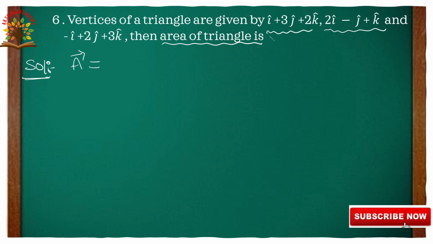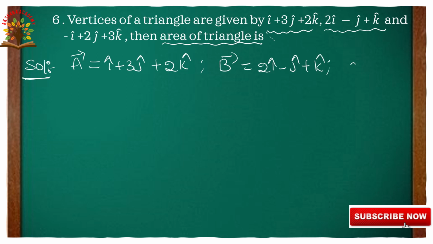So A bar is equals to i cap plus 3j cap plus 2k cap, and B bar is equals to 2i cap minus j cap plus k cap, and C bar is equals to minus i cap plus 2j cap plus 3k cap. Now first we are finding B bar minus A bar, that is equals to P bar.